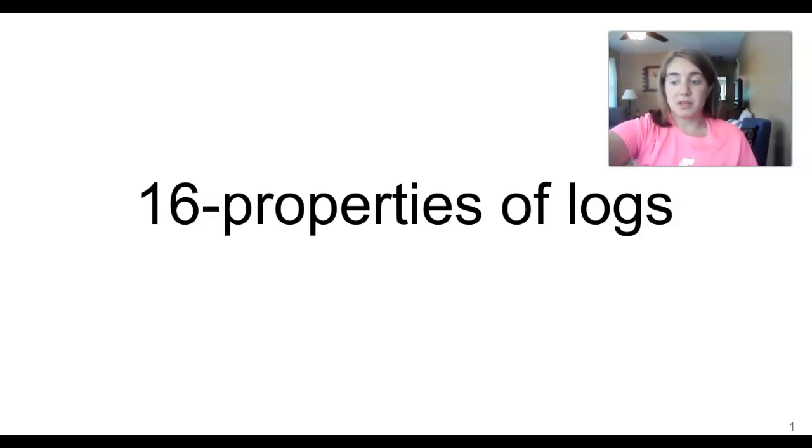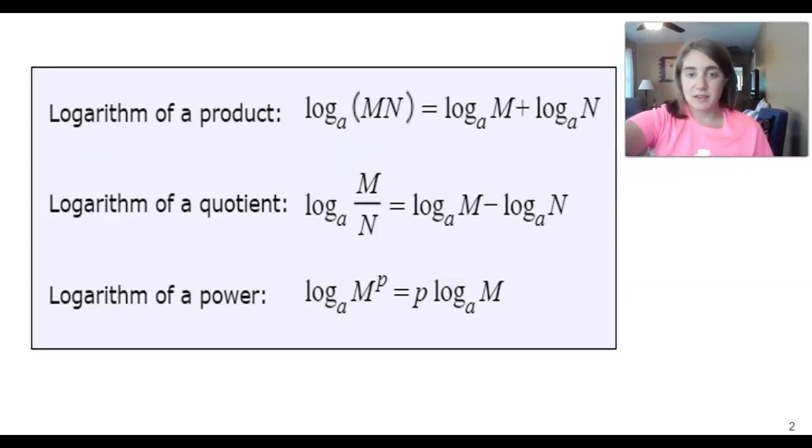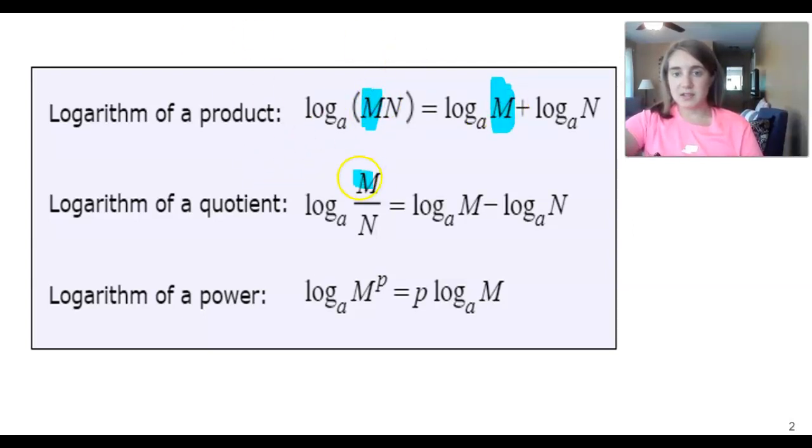So you're going to want to copy this next slide. It tells us our basic properties. So go ahead, pause the screen, copy those. We have this idea of a product, so multiplying two things within a log is the same as adding them.